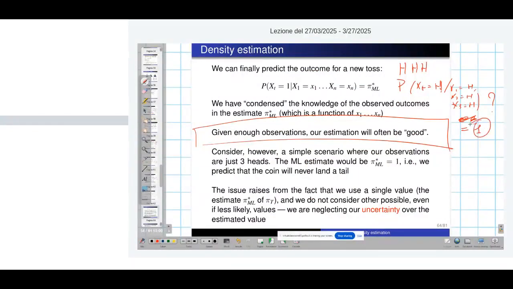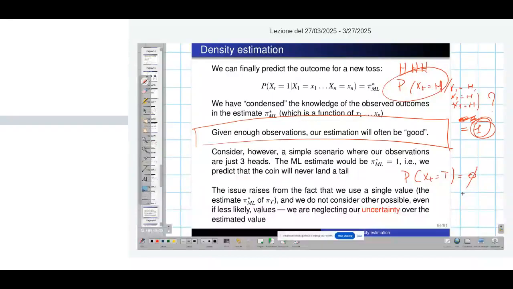Because we assume this to be the maximum likelihood estimate, but the maximum likelihood estimate is the number of heads divided by the number of tosses. We have 3 heads, we have 3 tosses, probability that the next toss is head is 1, which also means that according to our model, the probability the next toss is tail is 0.